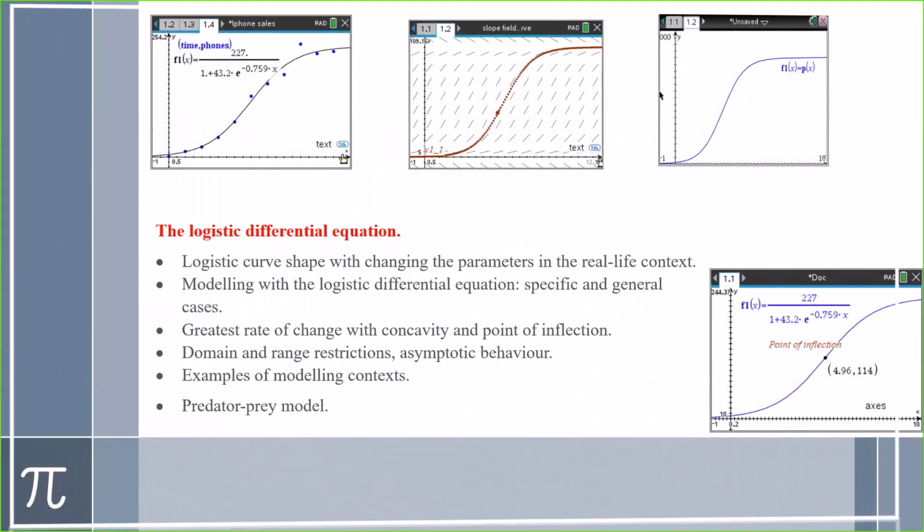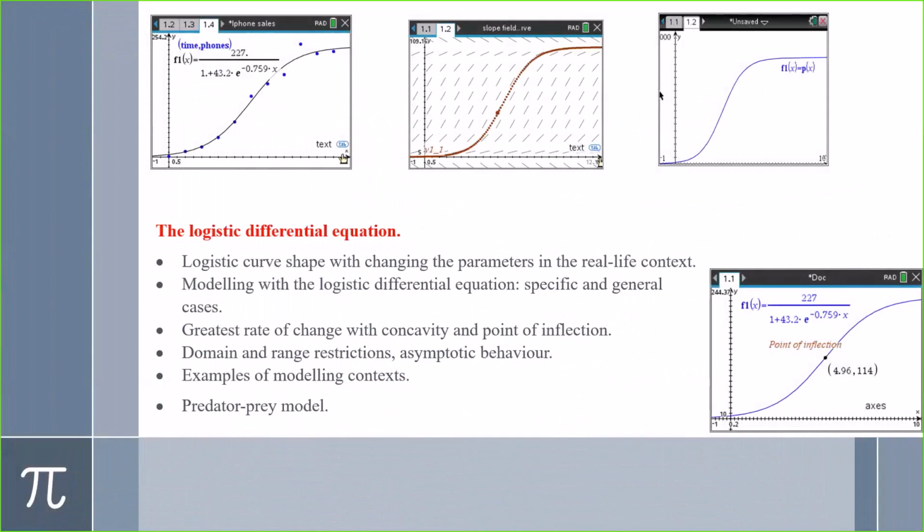So what we'll have a look at today is the logistic differential equation, which is sort of new on the syllabus of the new Specialist Mathematics courses. Of course, this will be in Units 3 and 4 when we learn about differential equations. We already have separable differential equations, so this is not that much. We separate variables and we use partial fractions.